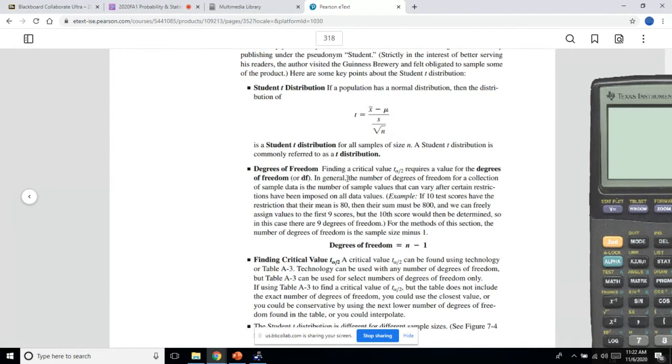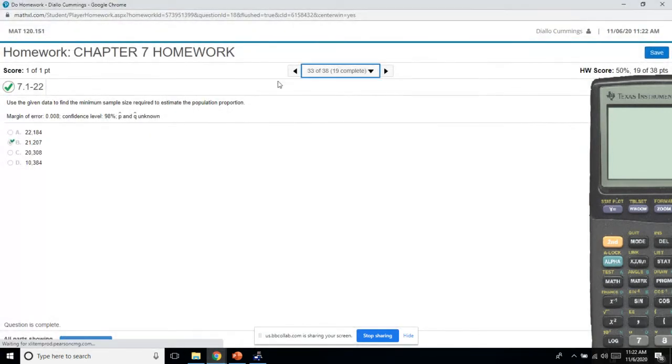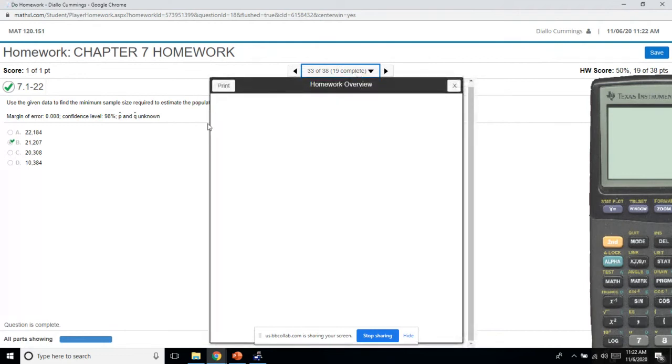Okay, so this has a little something to do with interpretation. I just want you to know where you can actually find this information. All right, so let's take a look at how you would actually calculate a t critical value. So I'm going to return to our homework and we'll take a look at problem number 13.